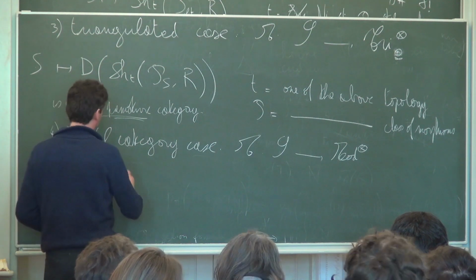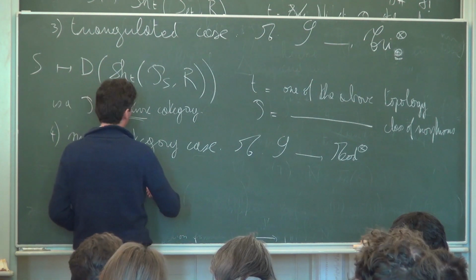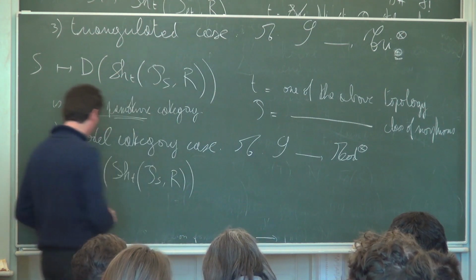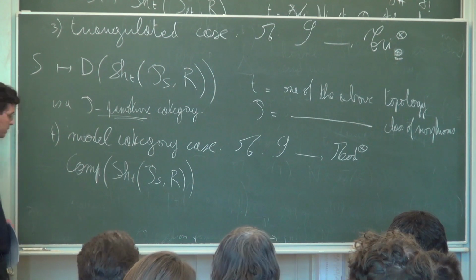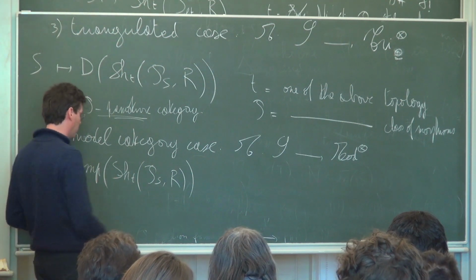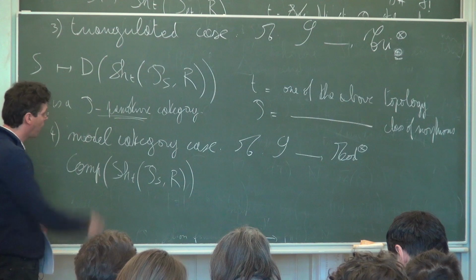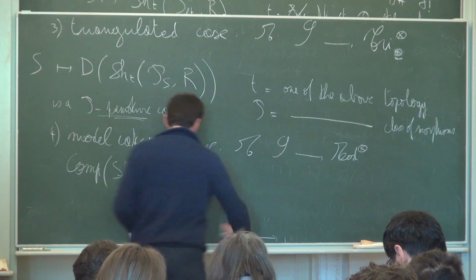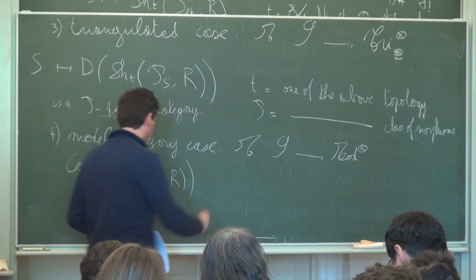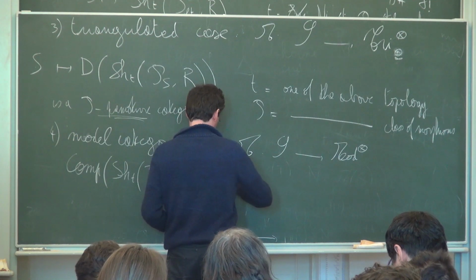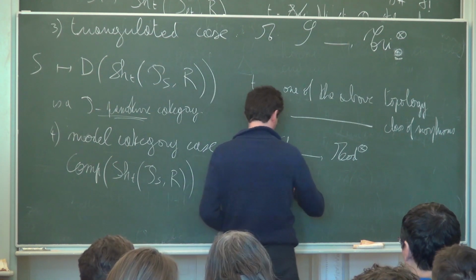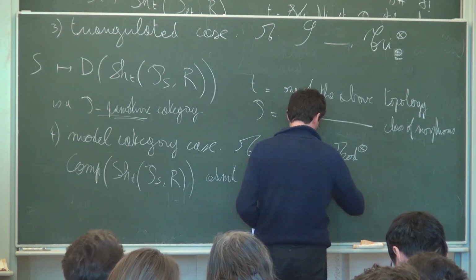In this case, you take the category of complexes of sheaves on T, P, R, S, R. The category of complexes is just another kind of Grothendieck abelian category. You will have all the structural morphisms, and you want to define a T-local model structure.